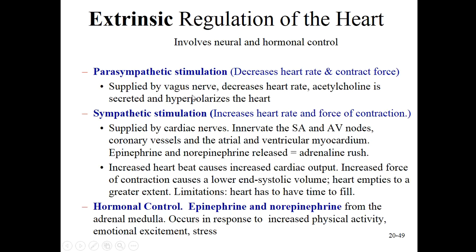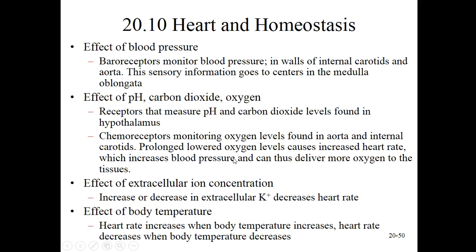It hyperpolarizes the heart. So if you look back at that SA node pacemaker potential slide, you'll see what I mean. The slope of the pacemaker potential goes down because of this inhibitory neurotransmitter.